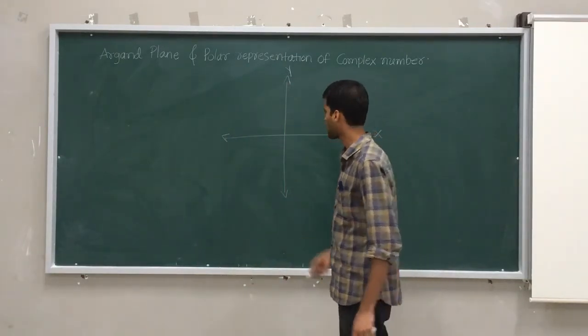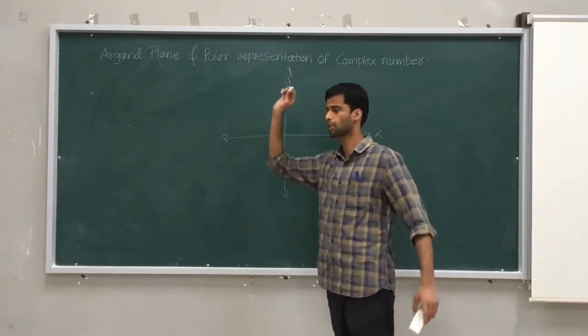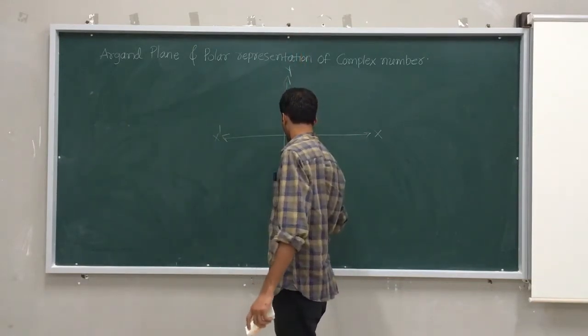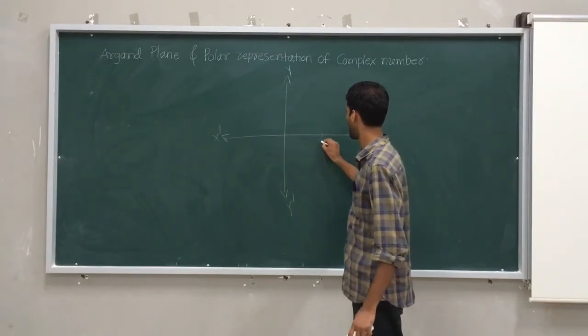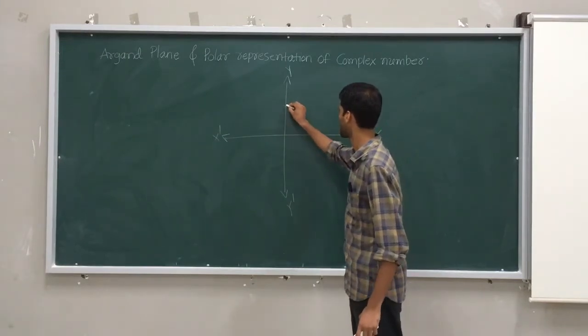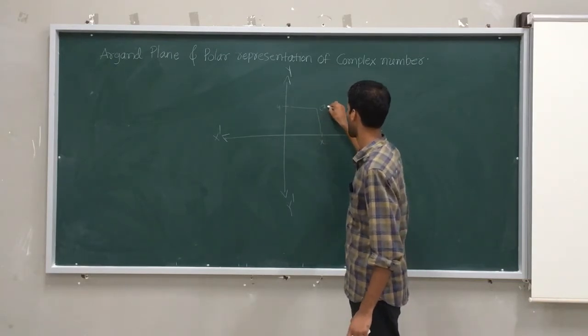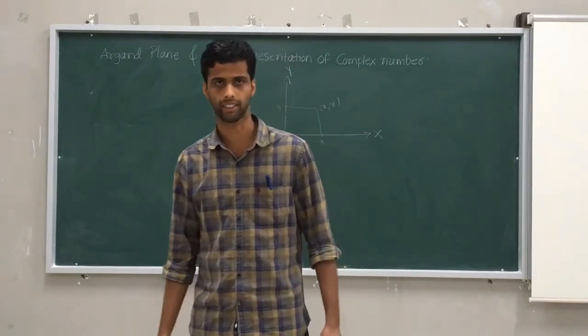So we will notate points easily, where this is the positive direction of the x-axis, negative direction of the x-axis, positive direction of y, negative direction of y, and we will represent the point. Here it is x, here it is y, so when I join, it is x comma y. It is a coordinate system of points, yes or no?